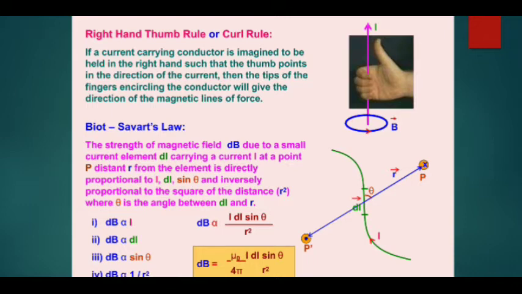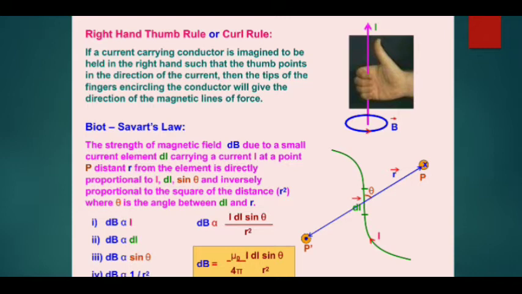The magnetic field is directly proportional to the current, that is I. At the same time, this magnetic field is directly proportional to the element, that is dl.